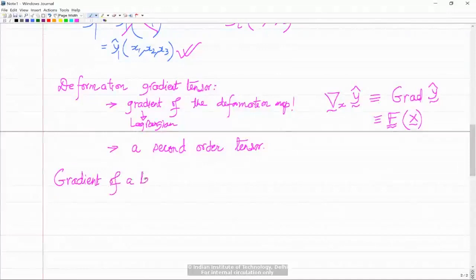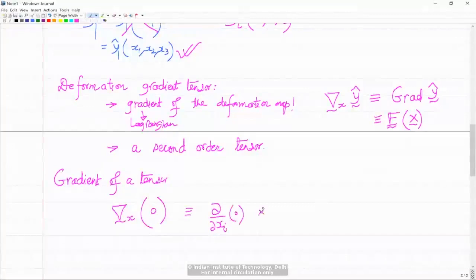The gradient of a tensor, which could be first order, second order, third order, fourth order, anything, let us say the Lagrangian gradient with respect to x of a tensor denoted by the circle, is by definition del over del xi of this circle, and then you do a tensor product with ei.